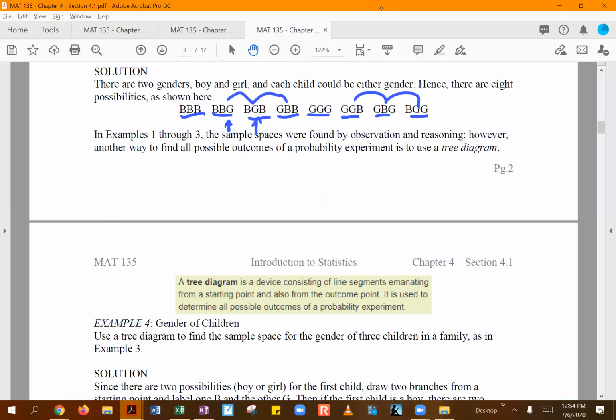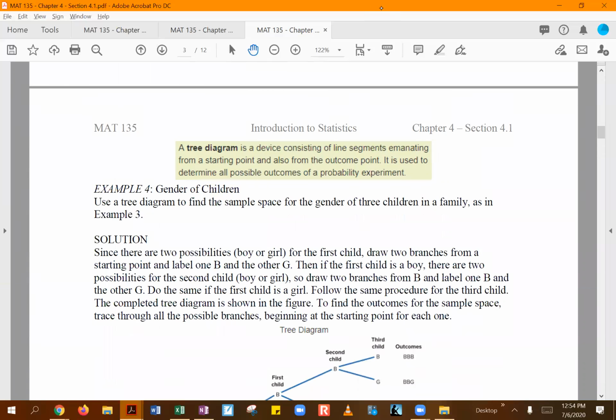From examples 1 through 3, the sample spaces were found by observation and reasoning. However, another possible way is to use a tree diagram, and that's what I normally use for these kinds of examples, because it really helps you visualize what options we can be looking at.